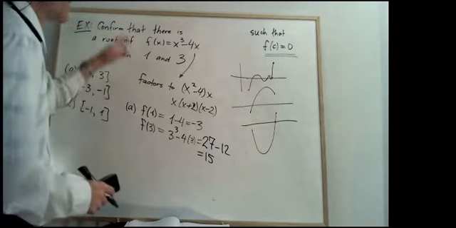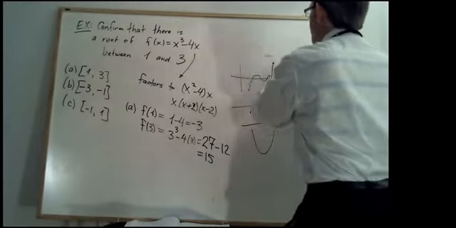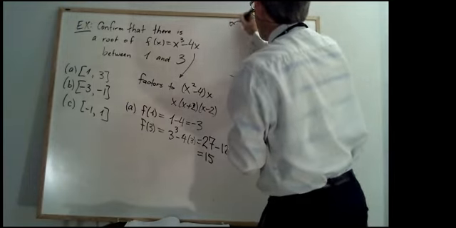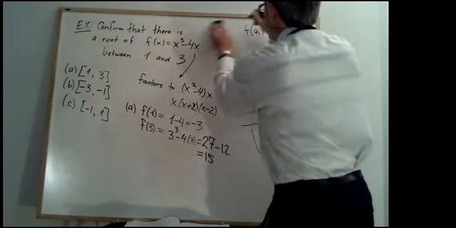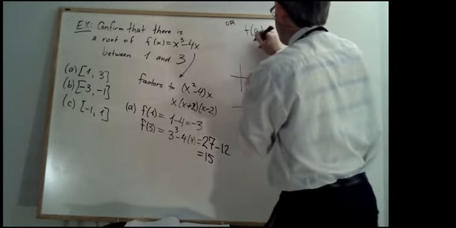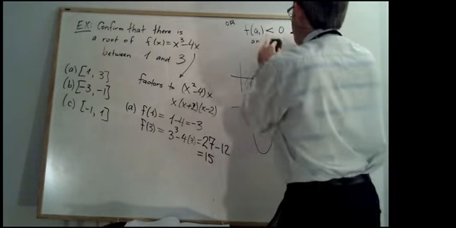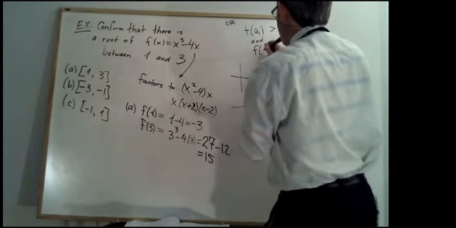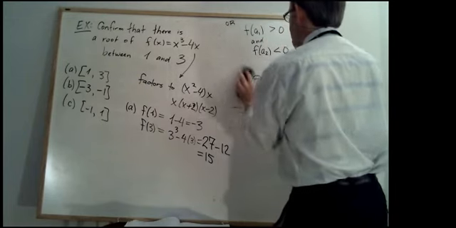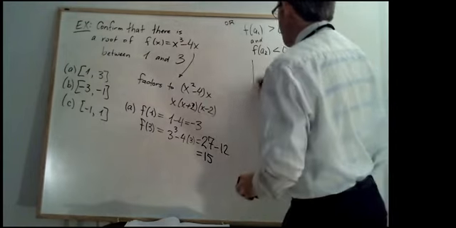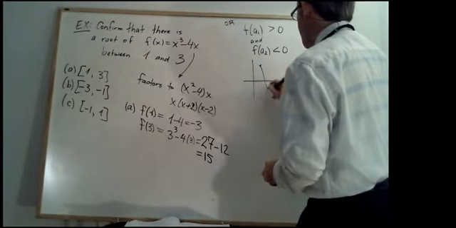I forgot to mention in that theorem you could also have it going the other way. In that previous theorem, f of a1 could be greater than 0 and f of a2 less than 0. So it could be doing this kind of thing instead.